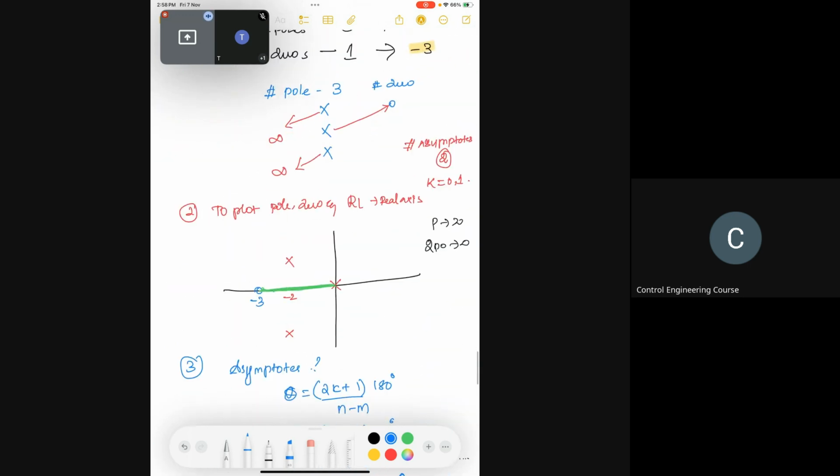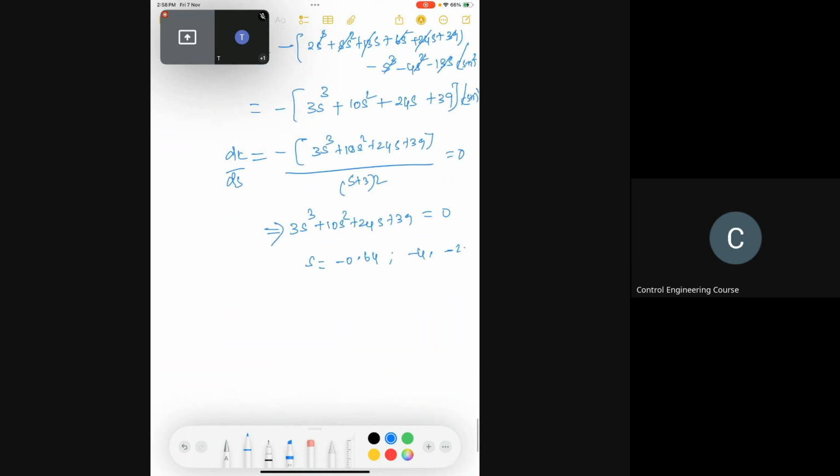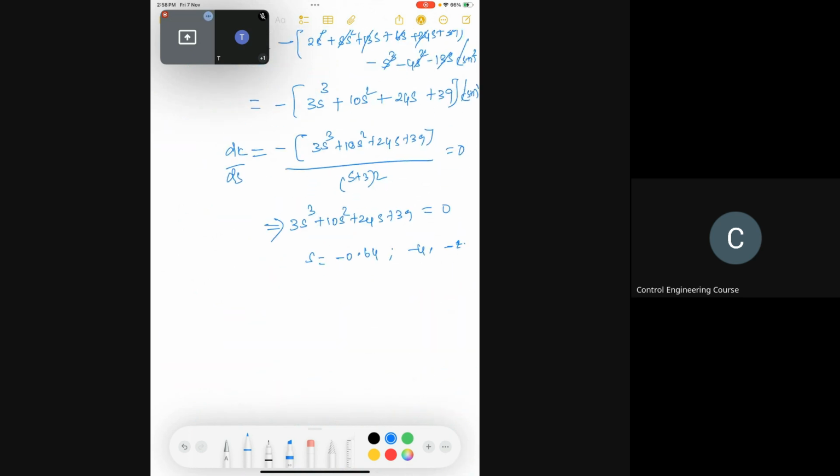And that would focus around 5.6 something. I might make a mistake here. Okay, please check this.